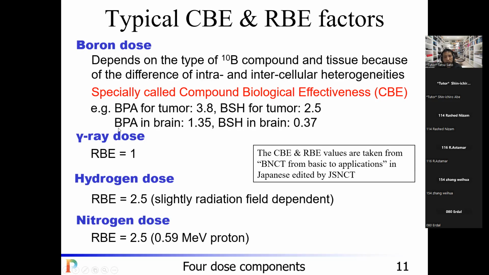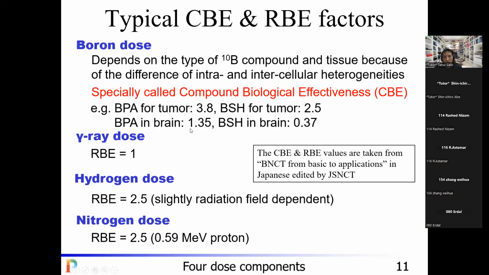But for example, BPA in brain, the RBE is high, but the boron concentration is generally low. So in that case, CBE can be lower, even sometimes below 1.0. This number comes from a somewhat empirical factor based on the results of clinical results or animal experiments.